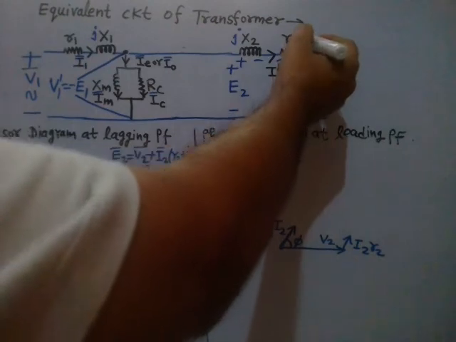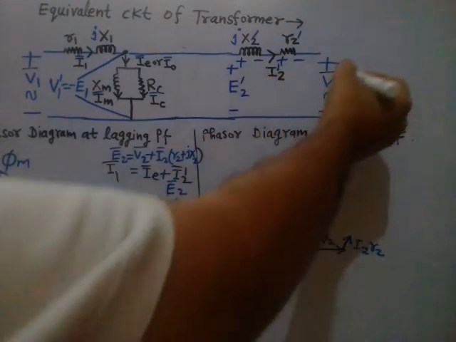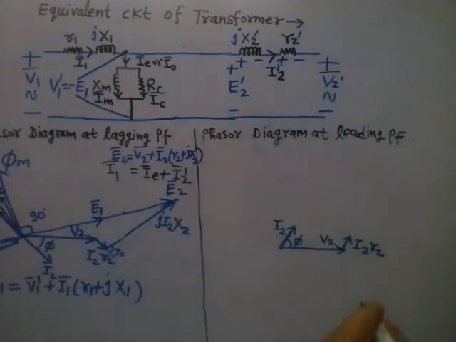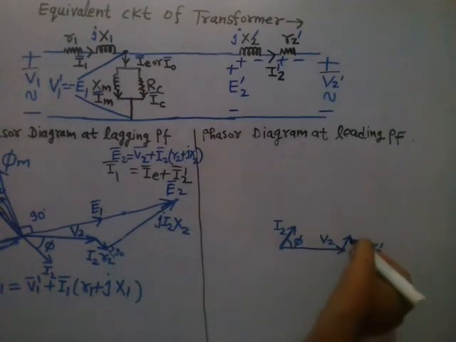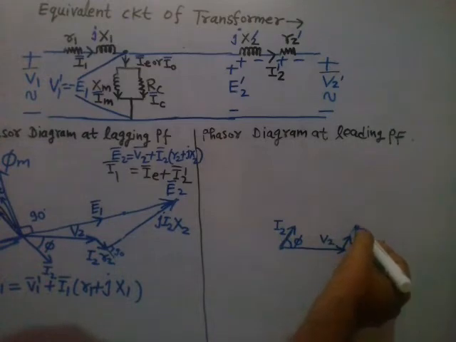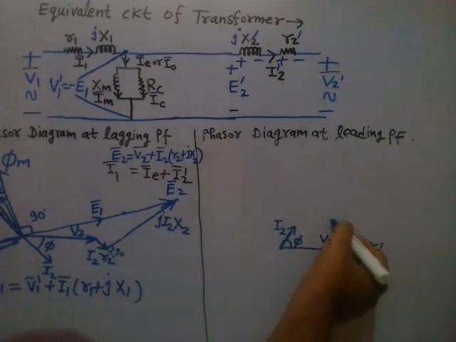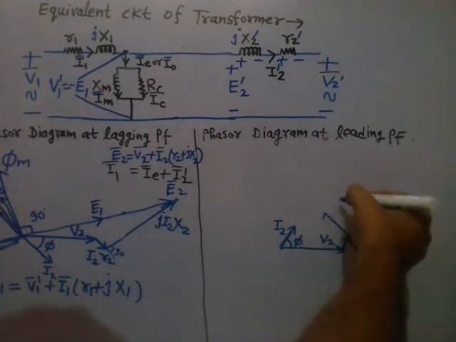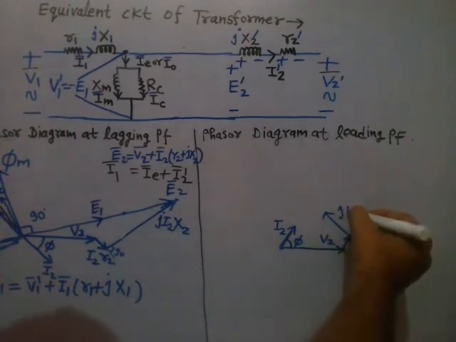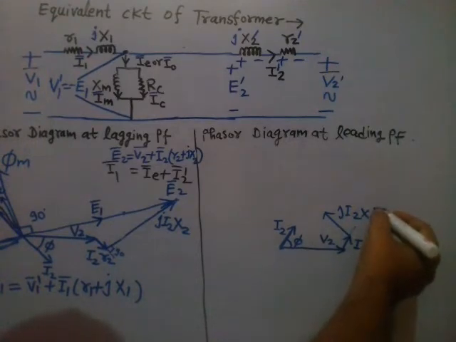Remember, these are referred values. So V2 plus I2 R2 dash. Now j I2 X2 will be 90 degrees ahead of this phasor. j means 1 angle 90. So at 90 degrees you draw j times I2 into X2 dash, right?